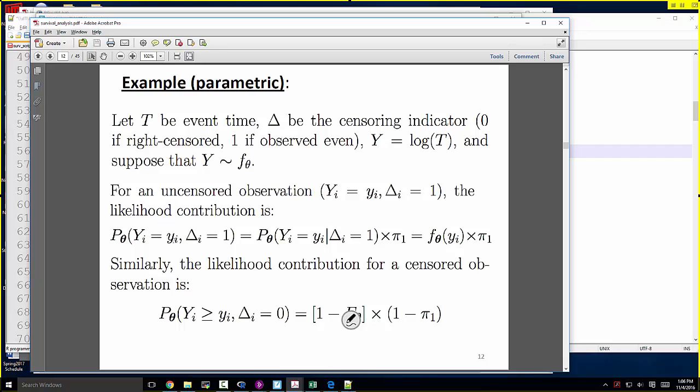This joint probability of an event time and uncensored is equal to the conditional probability of that event time, given that it's uncensored, times the probability that it was uncensored. And for uncensored individuals, the event times are just realizations from this parametric distribution that we chose. So this can be simplified to just evaluate the density at little yi times the probability that it was an uncensored observation.